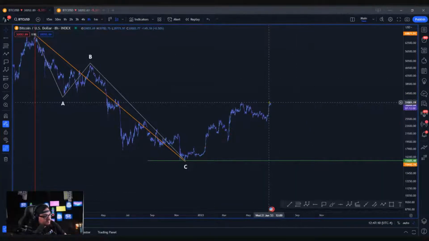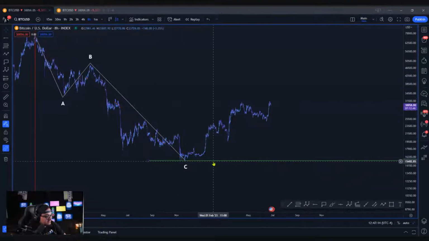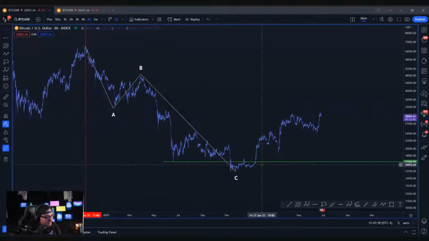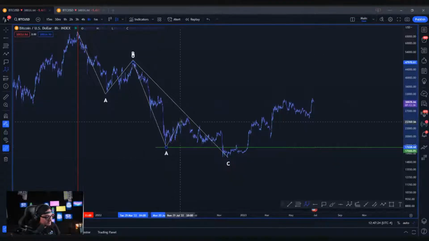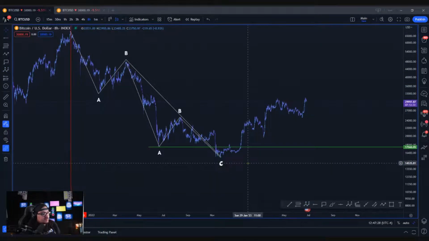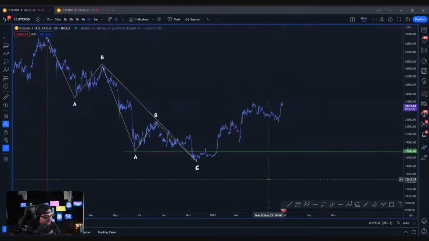The most bullish option is that this ABC is done. We put in an A to a B to a C, reversed, and got back above the pivot of the A here, which is off of this ABC within the C. And from there, we just have to look at what's going on here.